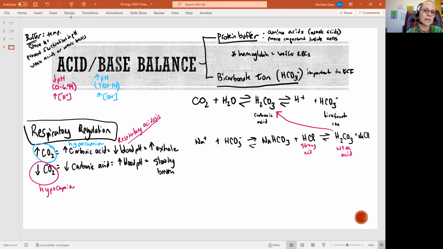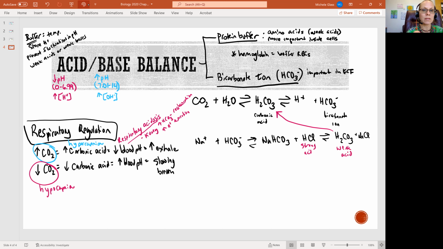We can see too that the kidney can assist. It can increase the bicarbonate ion reabsorption, and it can increase your hydrogen ion excretion. So the two body systems that are involved in acid-base balance are the respiratory and the kidneys.